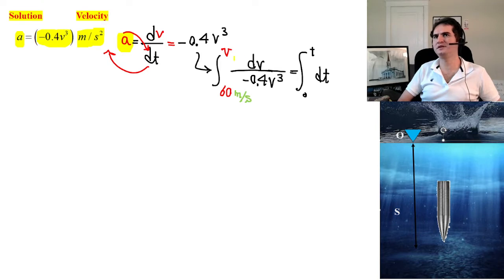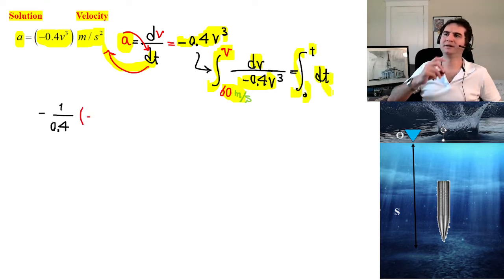The integration of dv over a, where we take this part in the denominator, is dv over negative 0.4 v cubed, from the initial velocity to whatever velocity it reaches at the end. It is equal to the integration of dt from 0 to t.